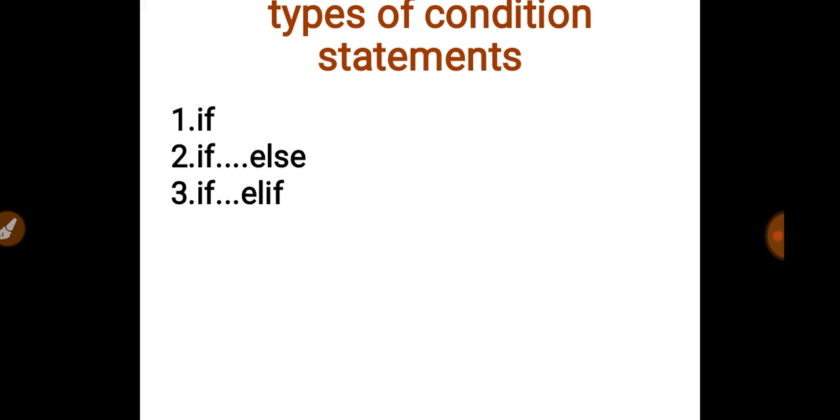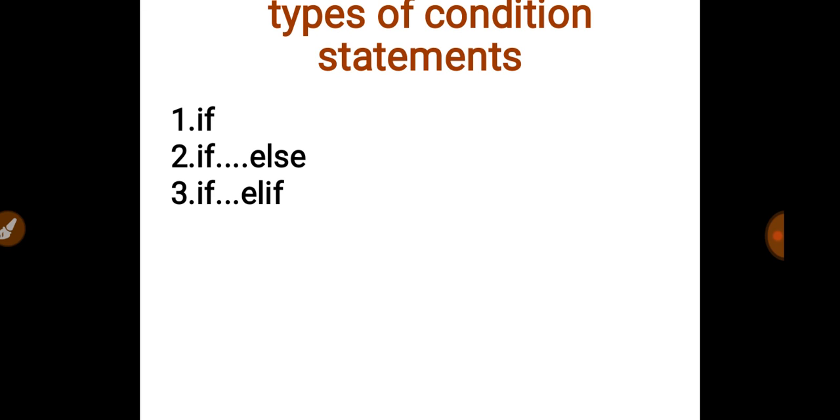So there are three types of condition statements in the Python programming language. The first one is the simple if statement. The second is the if else statement, and the third one is the if elif statement. The third statement is also known as a ladder statement, because over here you can use multiple if else together.